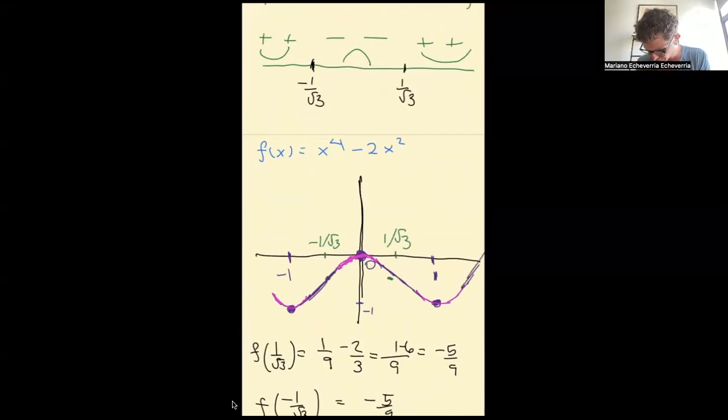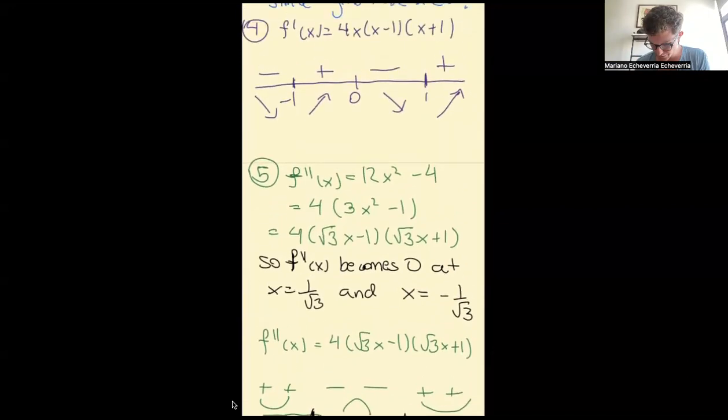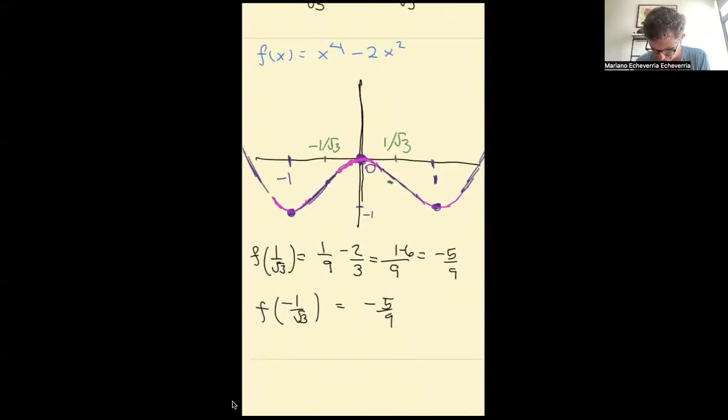So you can do this. And before -1, the function was decreasing, so it should look like this. And that gives you the sketch. Is that making sense? Is that okay?